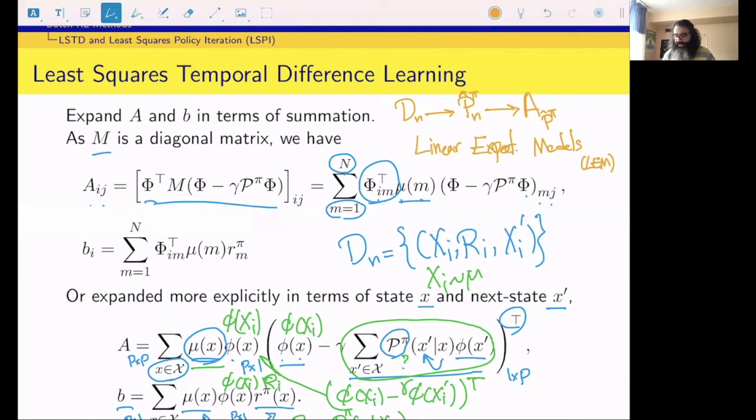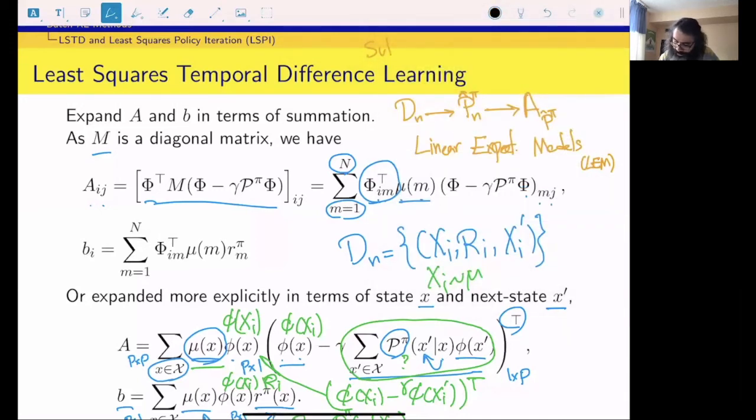I can't remember the exact name of the paper, but one group was Sutton, Szepesvári, I think Alborz Geramifard, and Michael Bowling. I think the paper is Linear Dyna.